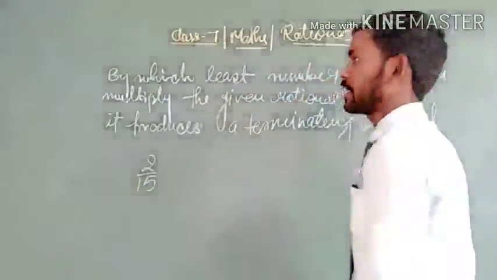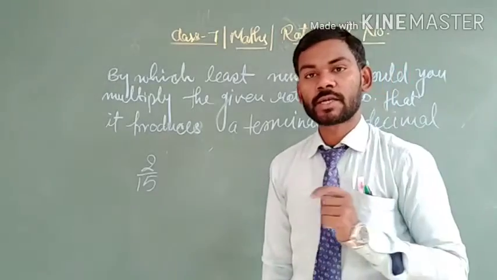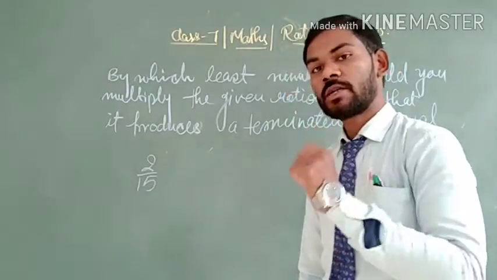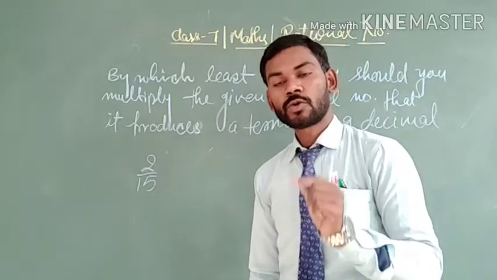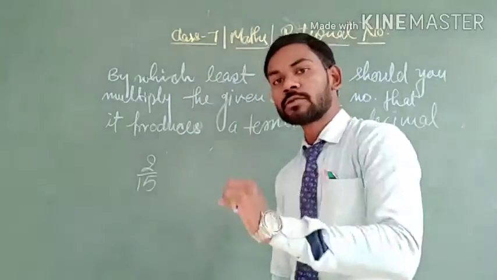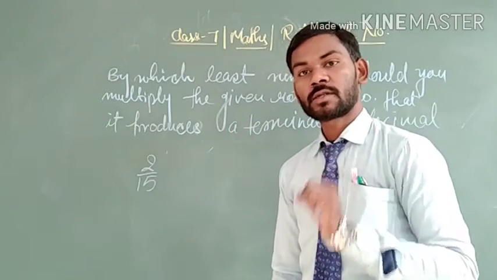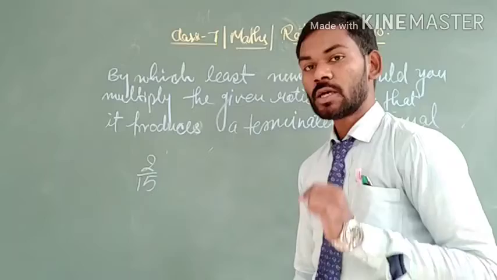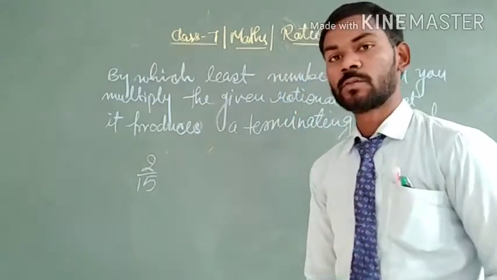As you can see, if we divide the numerator by the denominator directly, then we cannot get a terminating decimal number. So here we have to reduce this rational number in a manner that after division it gives us a terminating decimal number.